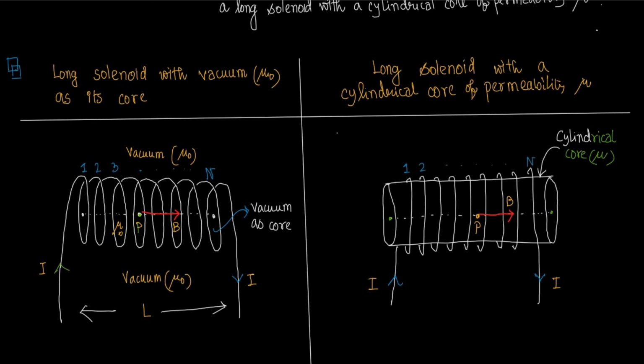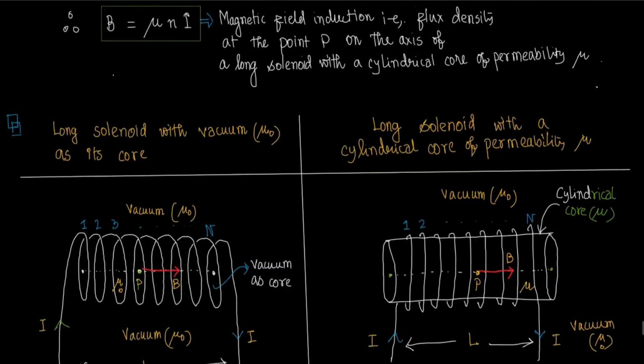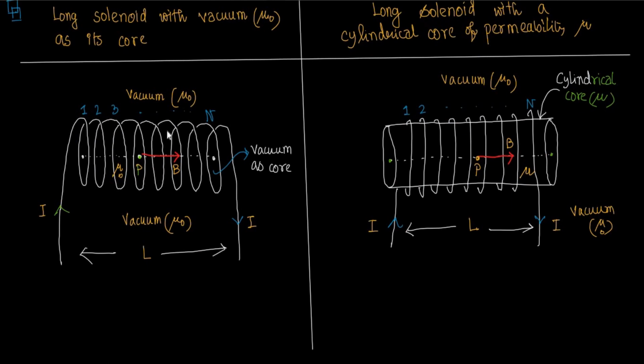We denote the number of turns in this way, and mu is the permeability of the cylindrical core, with vacuum as the surrounding medium having permeability mu 0. L is the length of the solenoid with the cylindrical core of permeability mu.